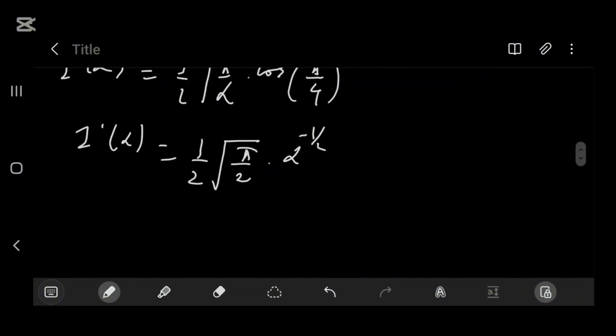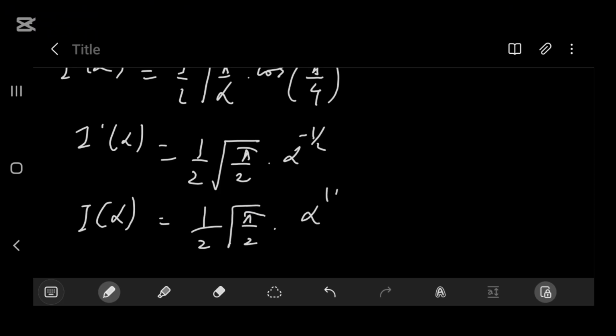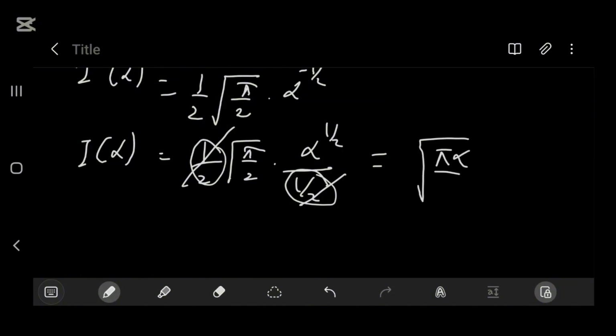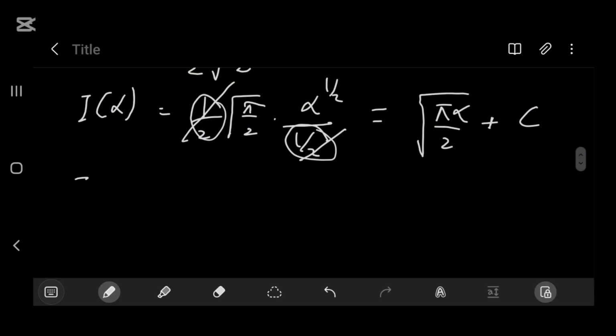Now integrating both sides with respect to alpha, we get I of alpha equals root(pi/2) times another half, which cancels, and the integral becomes root(pi) alpha by 2 plus, don't forget, the constant c. We know that I of 0 is 0, so plugging in we get c equals 0.